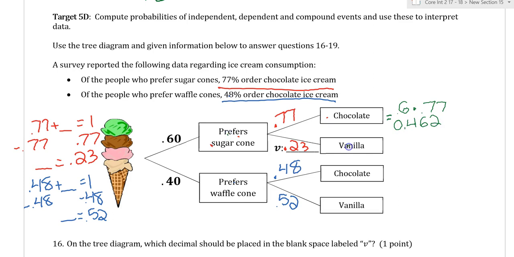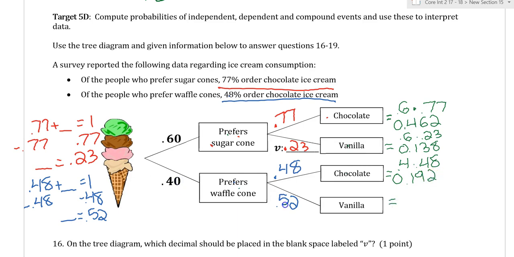Prefer sugar cone and vanilla, I have 0.6 times 0.23, which is 0.138. And then prefers waffle cones and chocolate, 0.4 times 0.48, and we get 0.192.